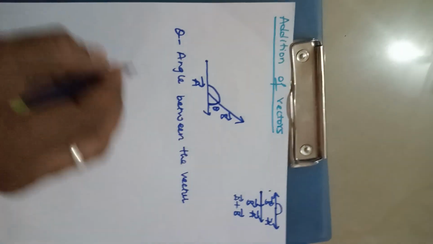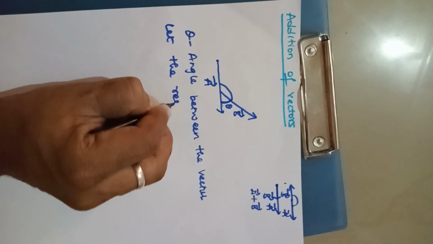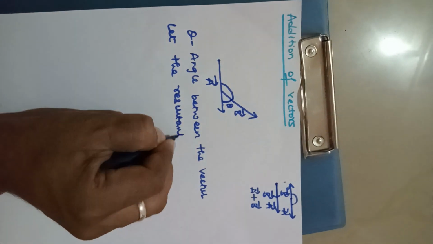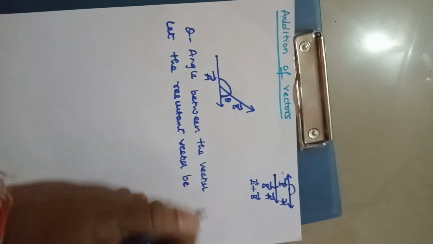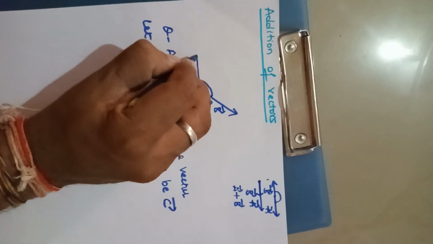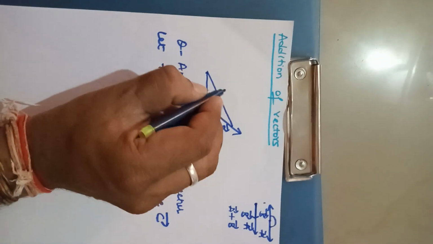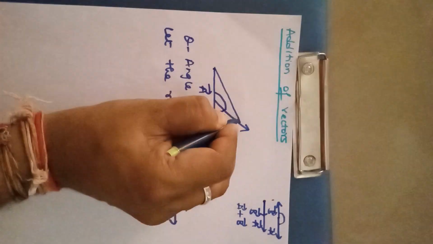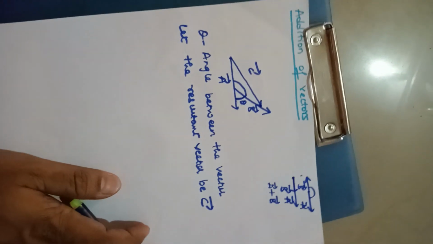So we need to find out what is the resultant vector. So let the resultant vector be C, like this. So from here to here, let the resultant vector be C. It's the resultant vector.